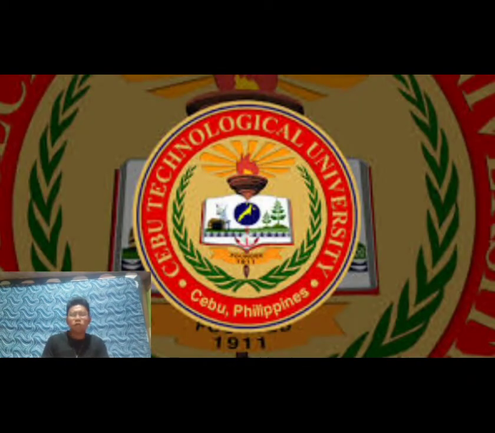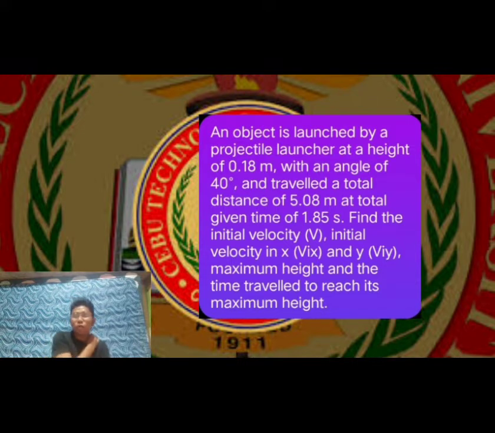And now, let's proceed to the second trial, where we have the angle of 40 degrees. Let's go back to the problem. An object is launched by a projectile launcher at an angle of 40 degrees with a height of 0.18 meters and travels a total distance of 5.08 meters with a total time of 1.85 seconds.